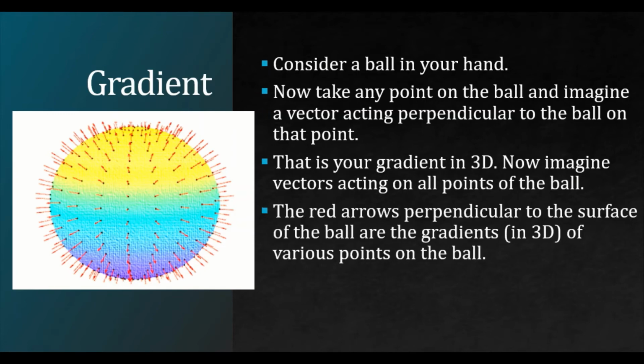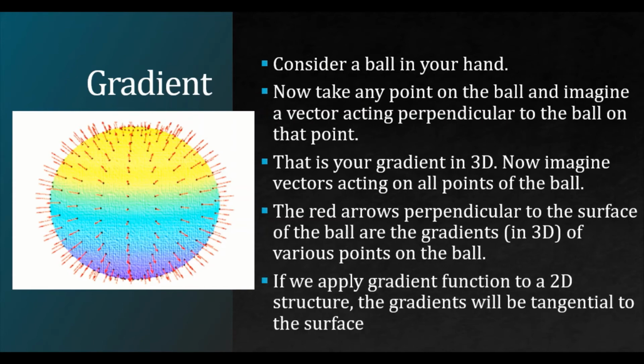The red arrows perpendicular to the surface of the ball are the gradients at the various points. If we apply the gradient function to a two-dimensional surface, in this case, the gradients are tangential to the surface. In 3 dimensions, those are perpendicular, and in 2 dimensions, those are tangential.